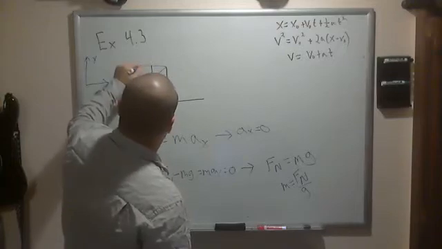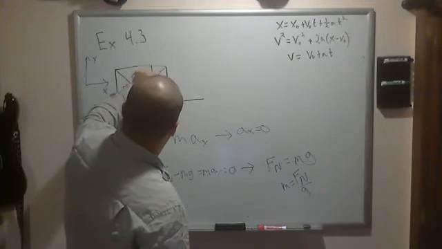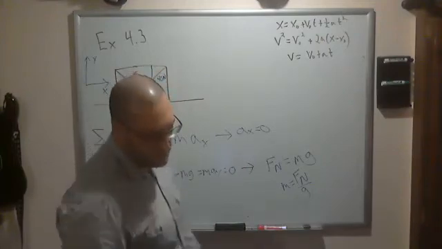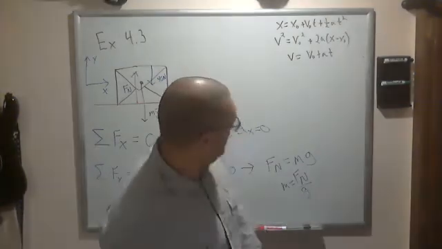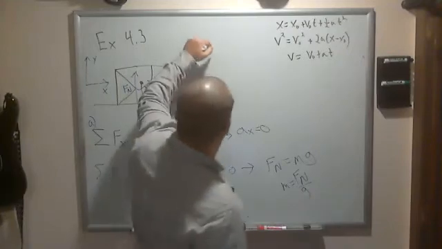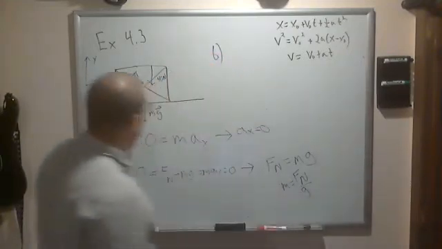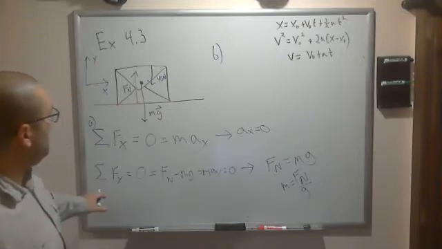Let's say this is 40 newtons. So I push down on the box at 40 newtons. Right, this is part A. And then let's calculate what the net force and everything will be.